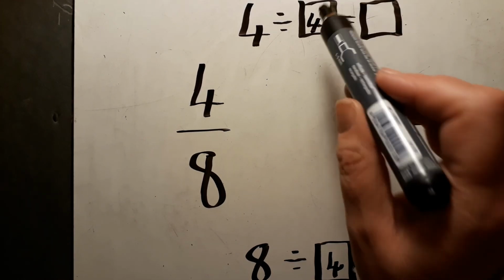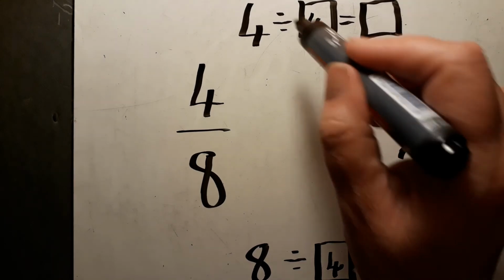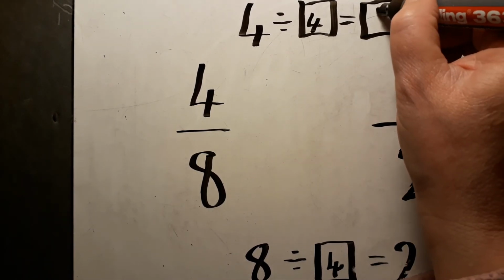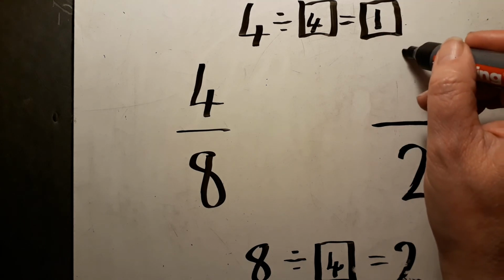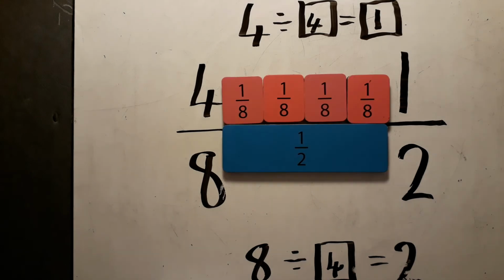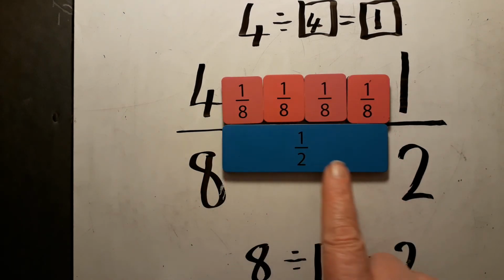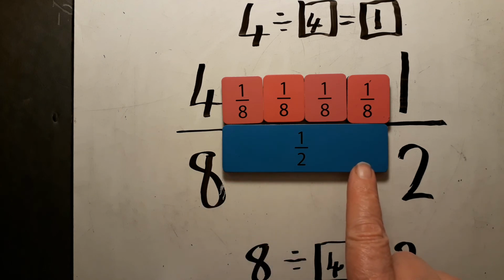Whatever I do to the top I need to do to the bottom. And 4 divided by 4 is 1. So my numerator here is 1. And there we go. 4/8 is the same as 1/2.